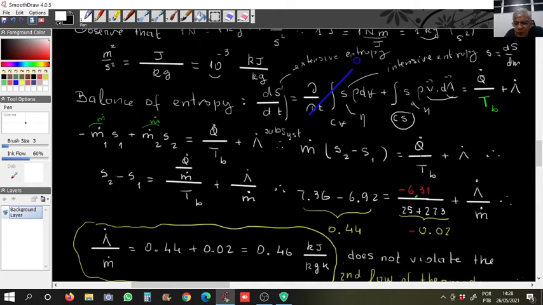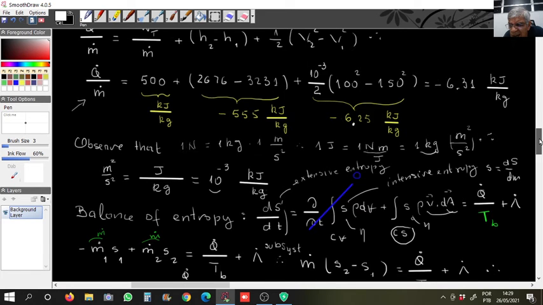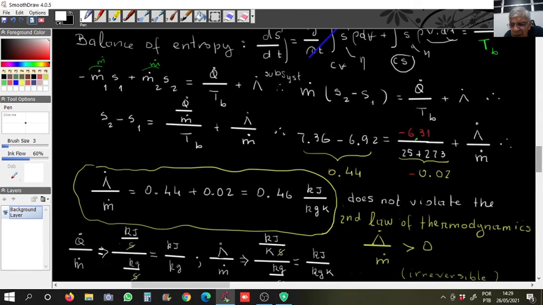That's why, as I'll show you here, this is minus 6.31 kilojoule divided by kilogram. This minus sign is here. Why minus? Because the system is losing heat.